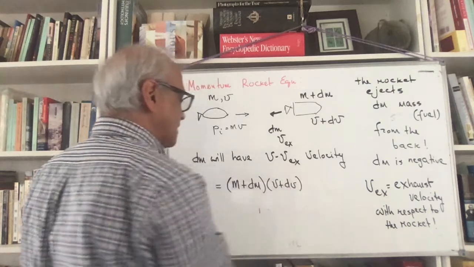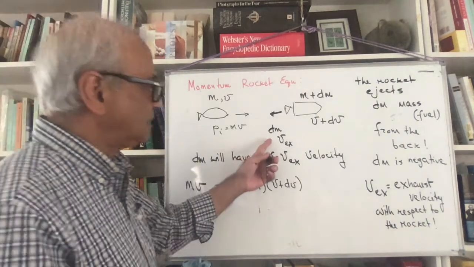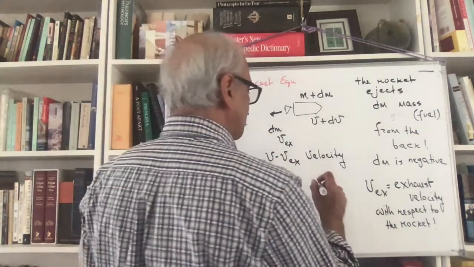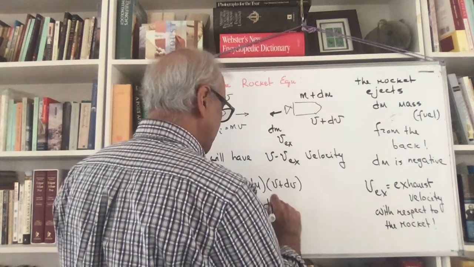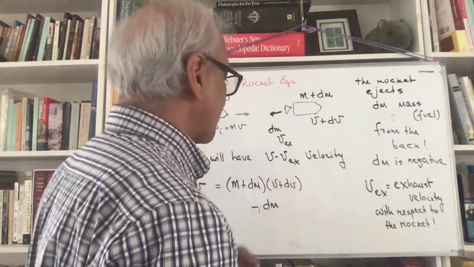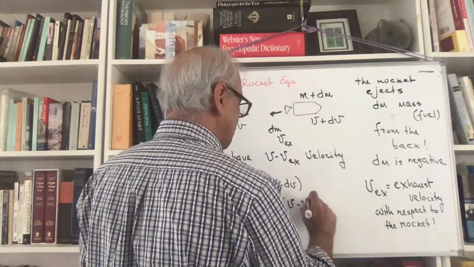But then I need to take into account this guy, dm and vex. It would be all negative, so what I am writing is minus dm, because it's going to the left-hand side, times this right here, v minus vex.